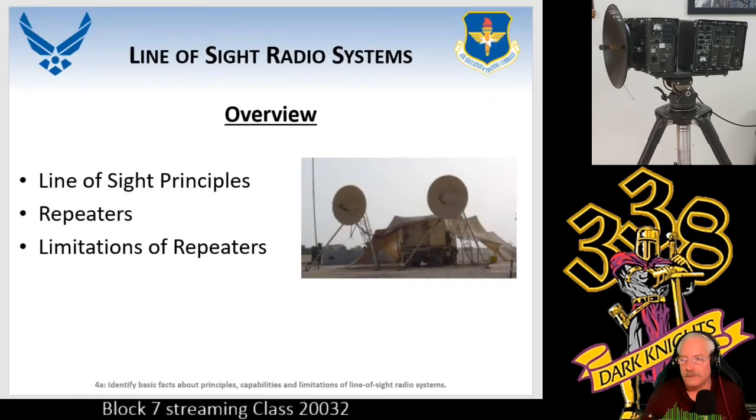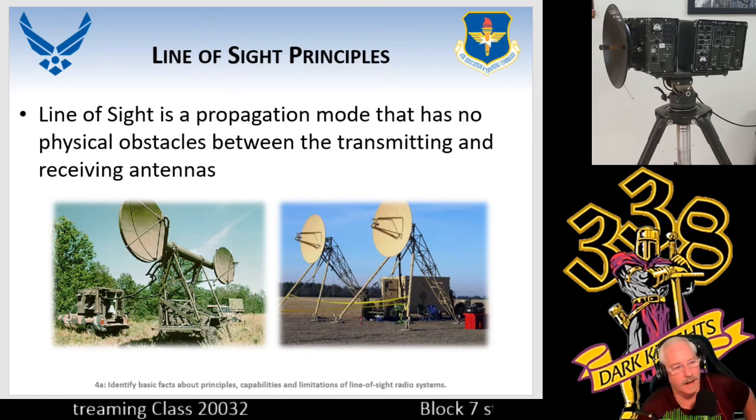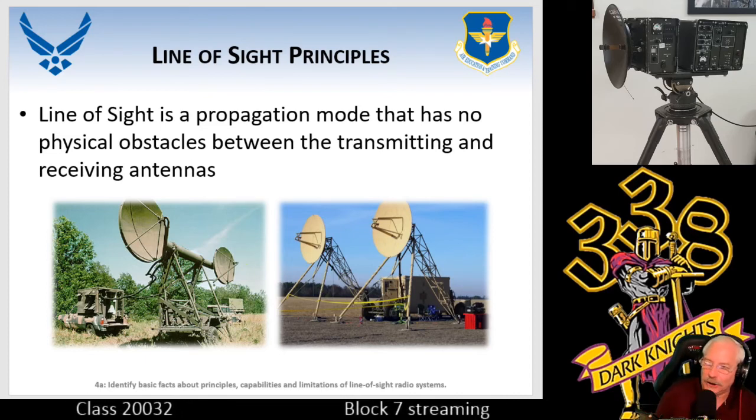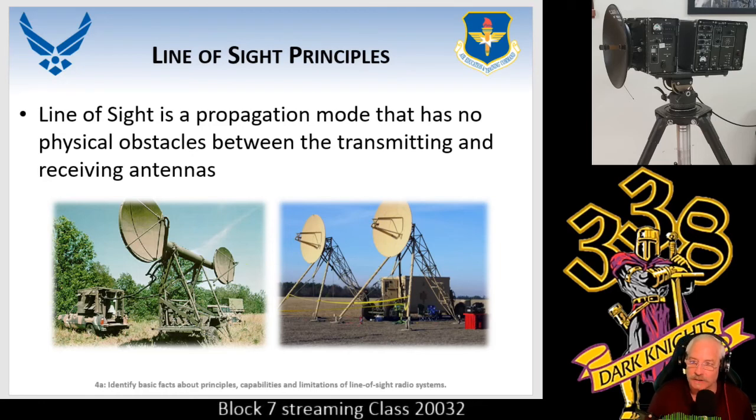Line of sight principles, repeaters, limitations of repeaters. This is a definition. It goes hand in hand with the one that you learned in Block 4, except we are looking at more of what's called a unidirectional antenna. Not an omni, not a bidirectional antenna.